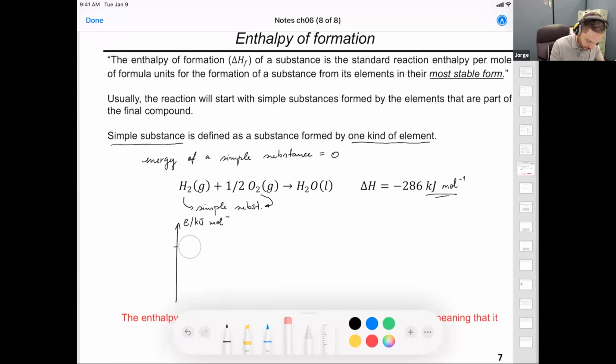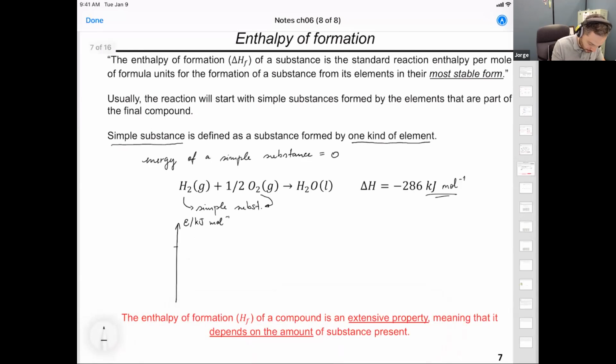That's going to be our starting point in the energy diagram, so I'm going to mark here zero. Reagents are hydrogen gas and half of oxygen gas. With that, we have a starting point, zero, which is the enthalpy of the reagents.